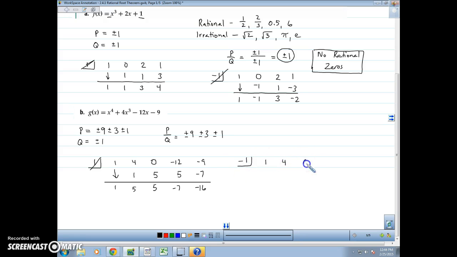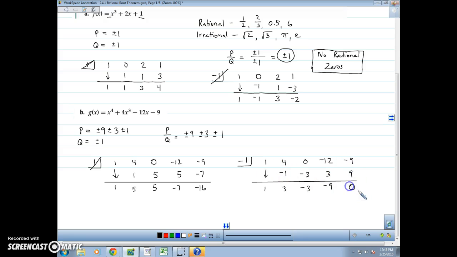1, 4, 0, negative 12, negative 9. Carry down the 1. 1 times negative 1 is negative 1, plus 4 is 3, times negative 1 is negative 3, plus 0 is negative 3, times negative 1 is 3, plus negative 12 is negative 9, times negative 1 is 9.